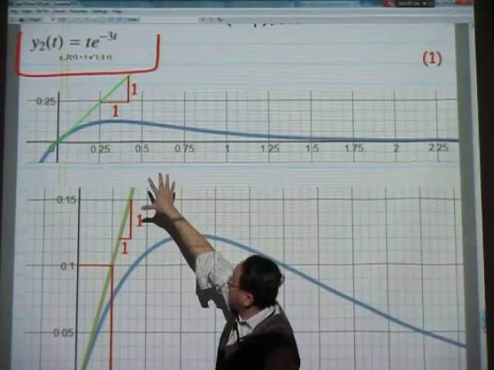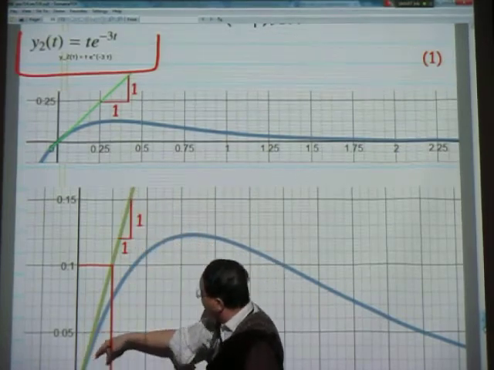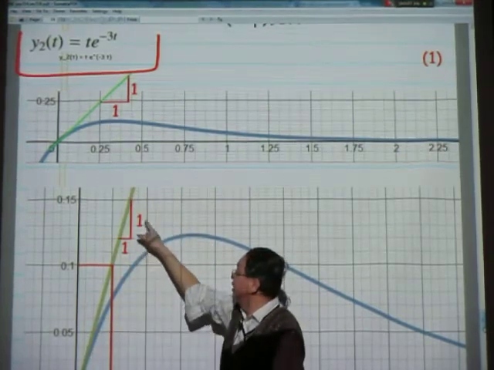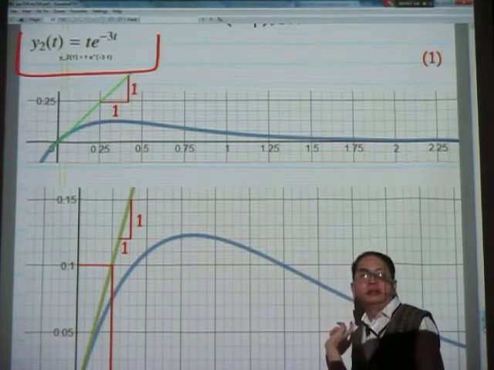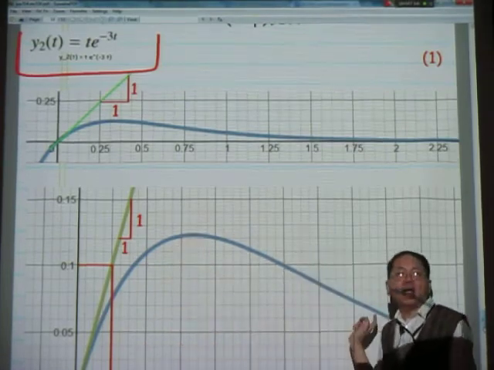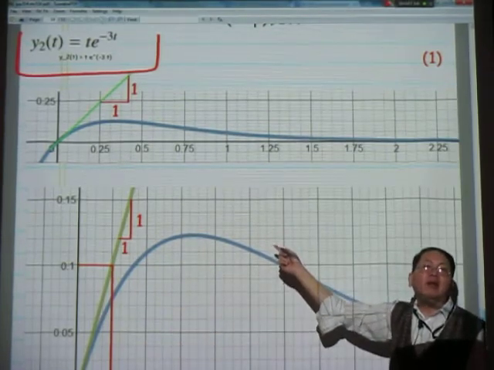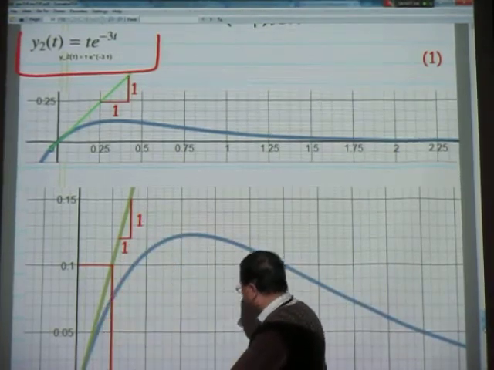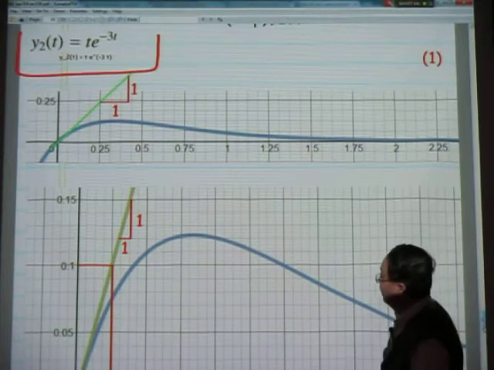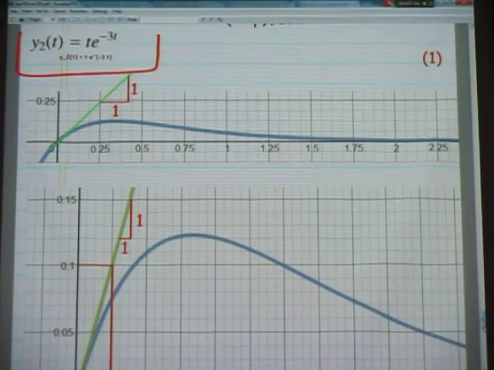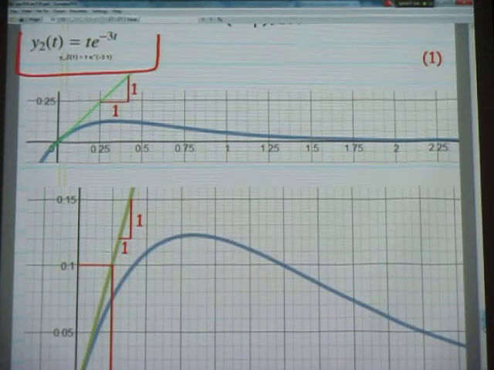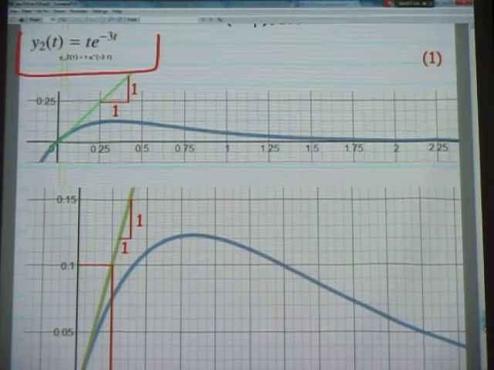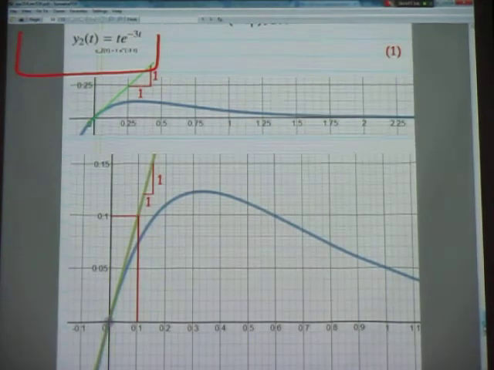Zooming into around the origin and plotting the slope to verify. Now the scales of the horizontal axis and vertical axis are not the same. For example, maybe I can zoom out, perhaps better. Yeah.